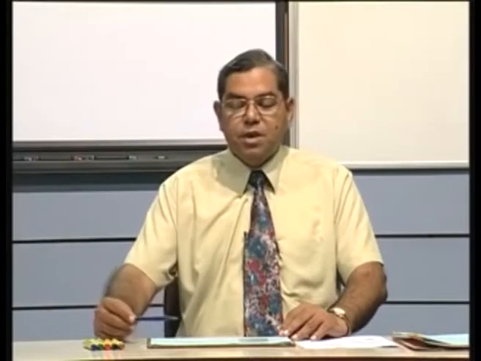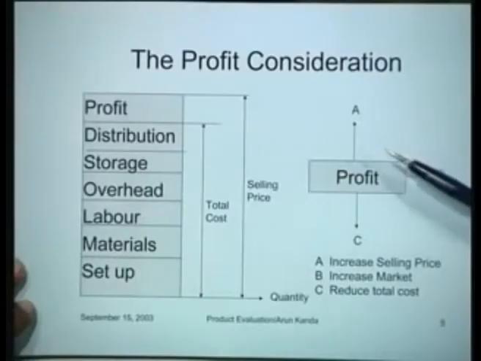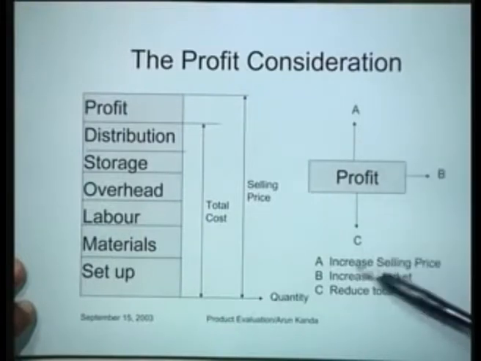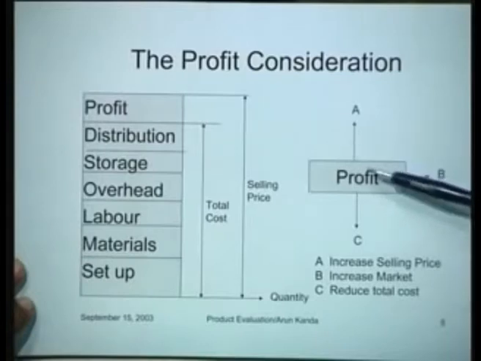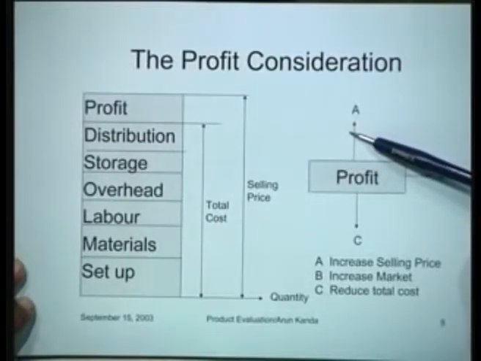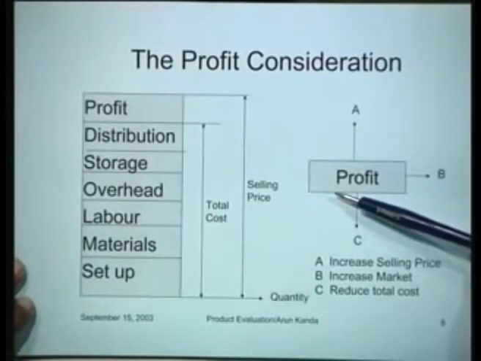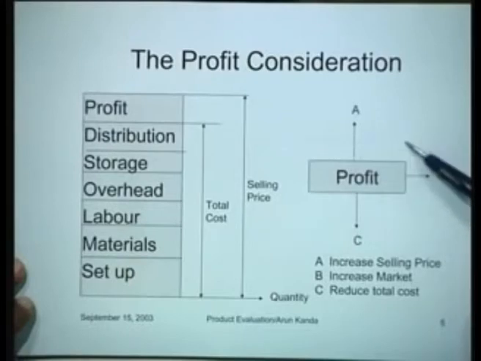Well, you can think of basically three pure strategies. You could talk about strategy A, which means increase the selling price. Now, if you increase the selling price, the top line would go up, and therefore you expect the area, that is the total profit, would go up.